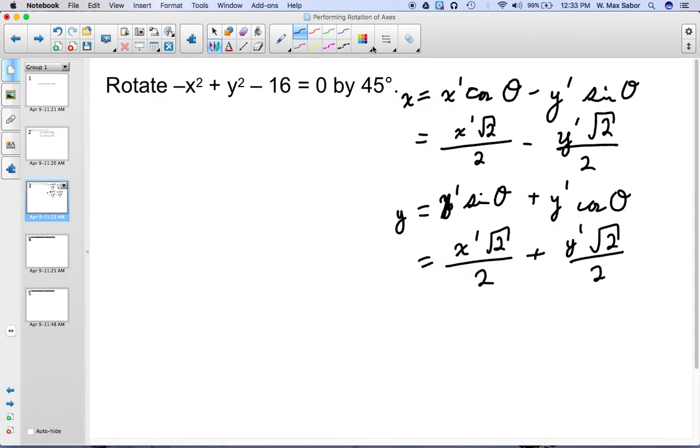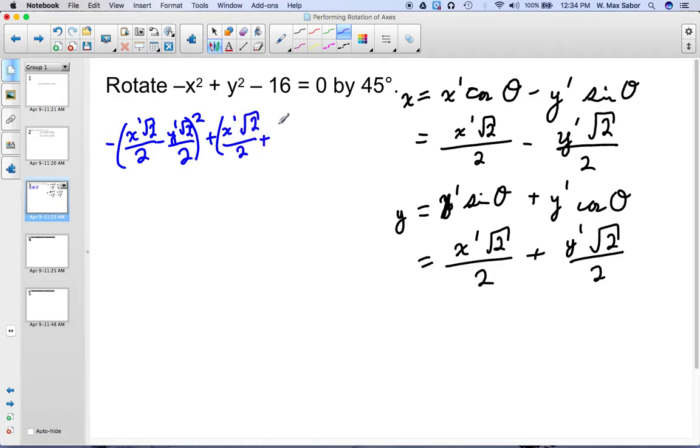And now we substitute these in for x and y. So this is going to be x prime square root of 2 over 2 minus y prime square root of 2 over 2, squared, plus x prime square root of 2 over 2 plus y prime square root of 2 over 2, squared, minus 16 equals 0. Okay, I'm going to factor out the square root of 2 over 2's in both of these.